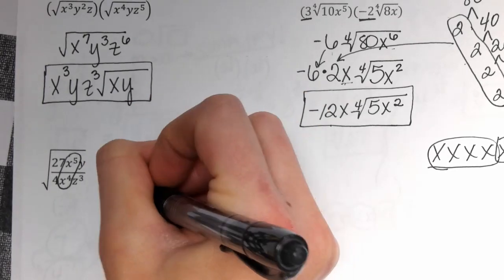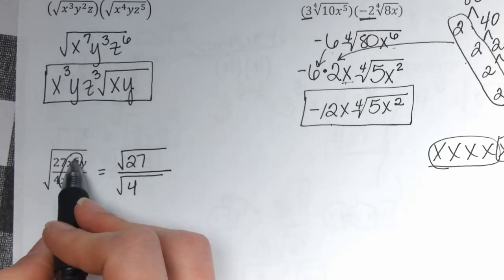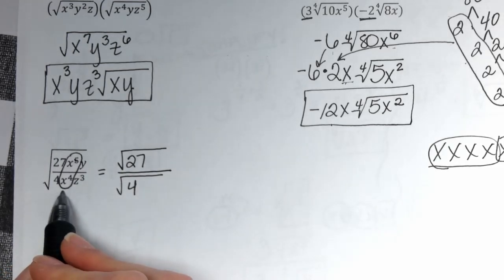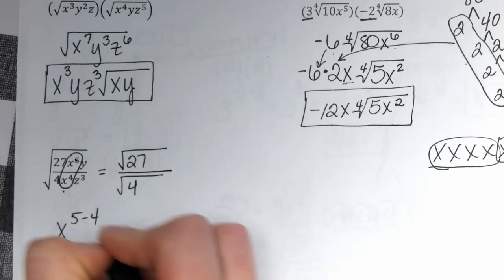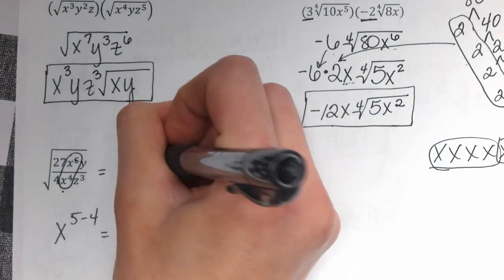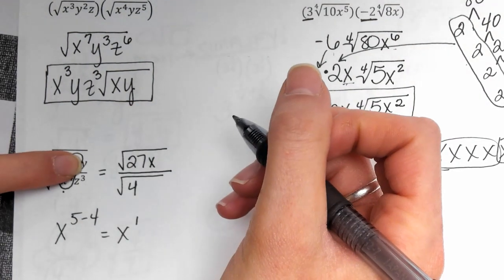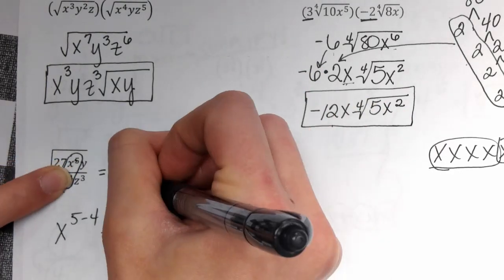I know I'm going to have my 4. When I simplify x to the 5th over x to the 4th, what am I doing with those exponents? Subtracting. 5 minus 4 is 1. It's positive, so where does it go? Top or bottom? Top. And then y and z cannot be simplified, so y and z cubed.